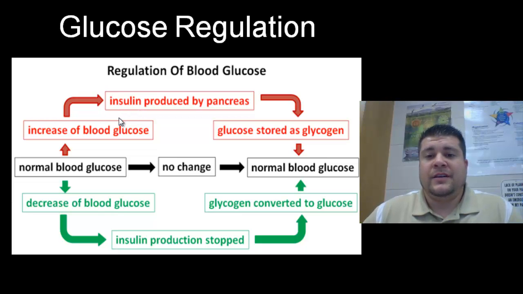And this will allow us to regulate the amount of blood glucose levels in our body. If we cannot produce insulin, we would be considered diabetic, and we would need to take insulin from an external source to regulate this amount of glucose into our body.